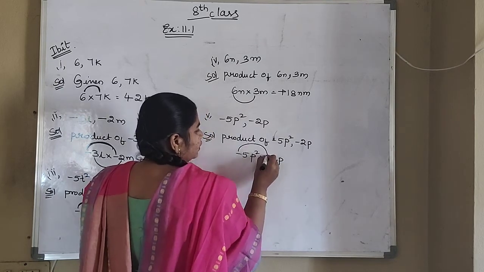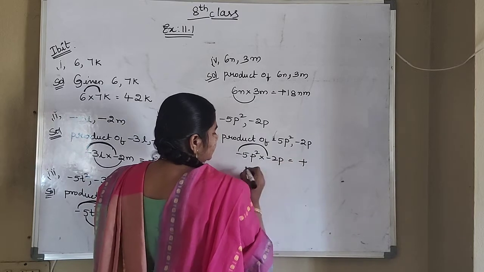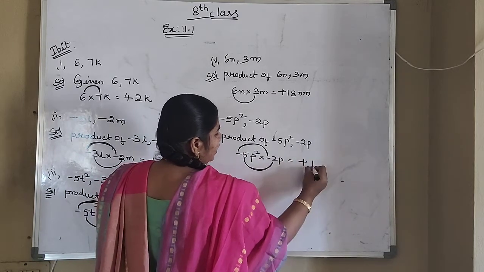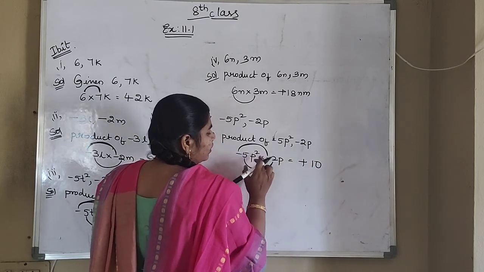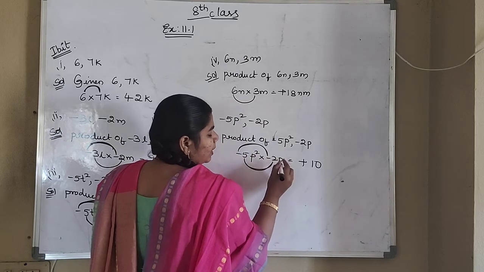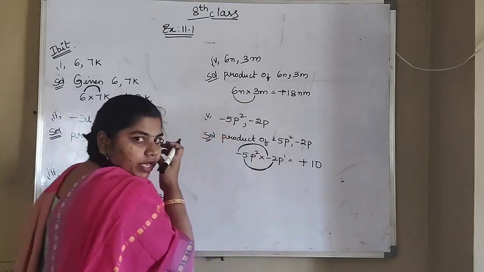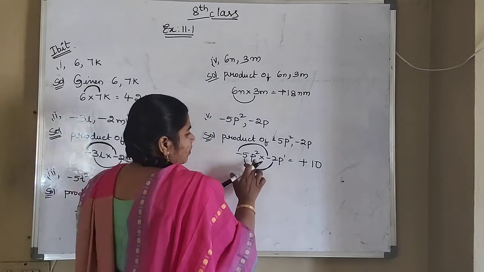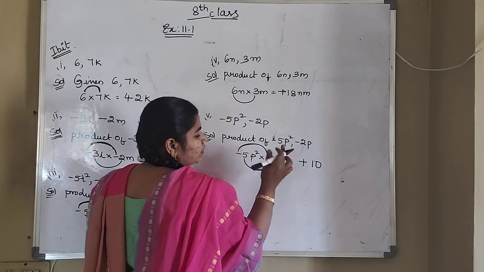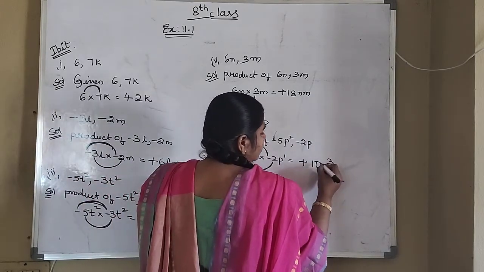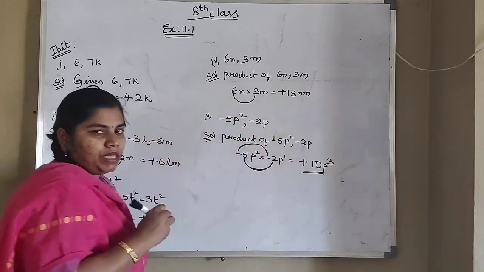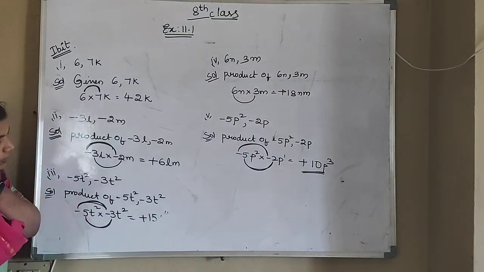Minus into minus will be plus. 5 twos will be 10. Here p power 2, and here you don't have any power, that means it is 1. So p square into p, that is 2 plus 1 will be 3. So p power 3. The result is 10p cube. So this is our first bit.